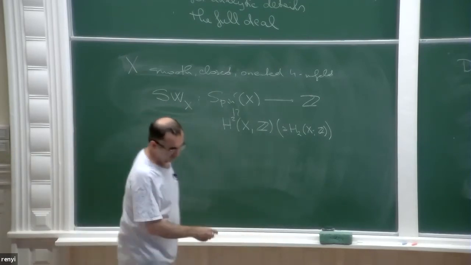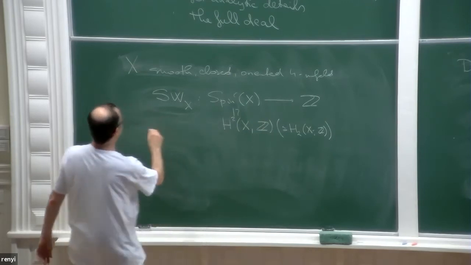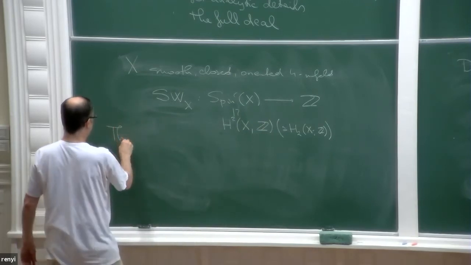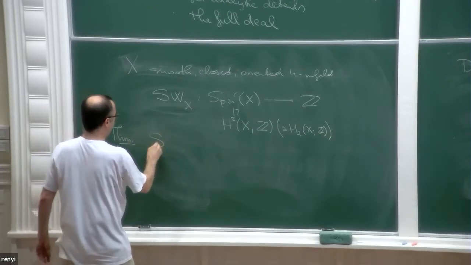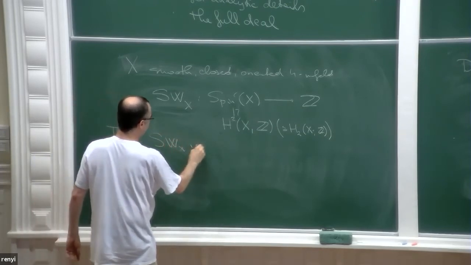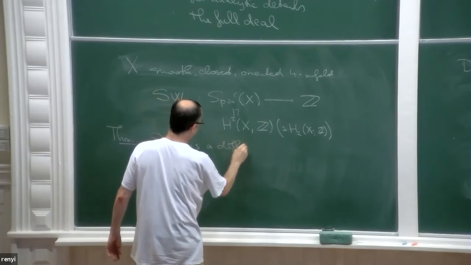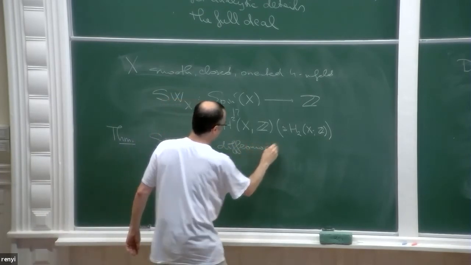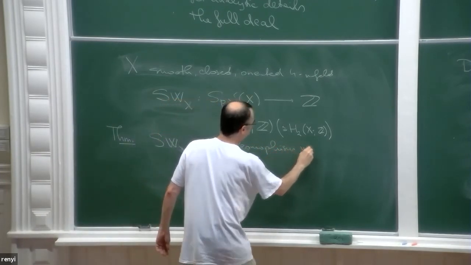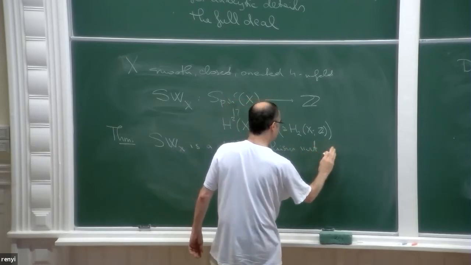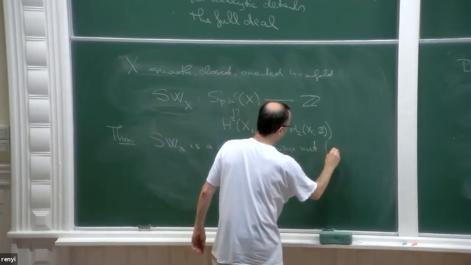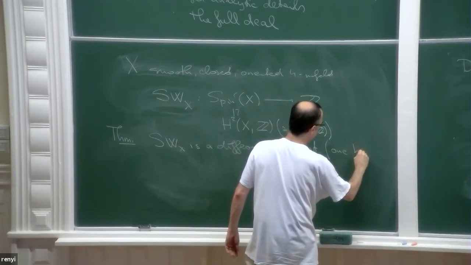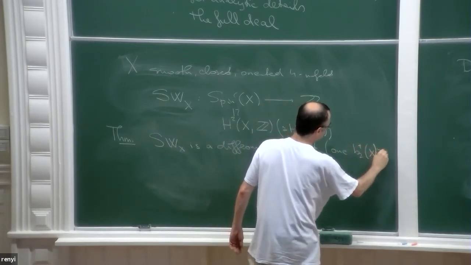So the main property is this theorem: SW_X is a diffeomorphism invariant, once b2 plus of X is bigger than 1.